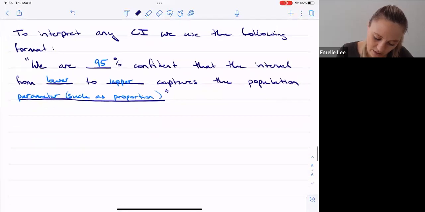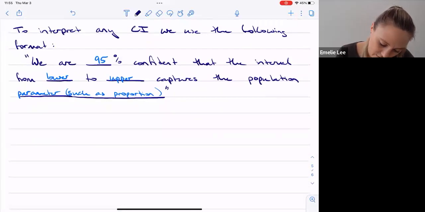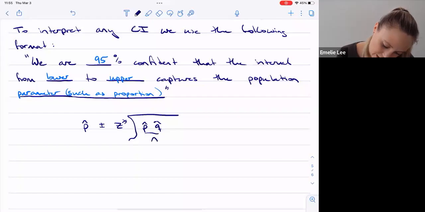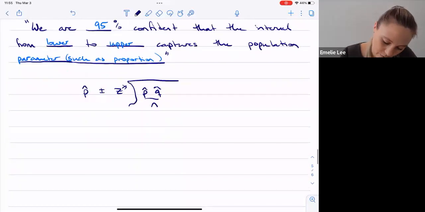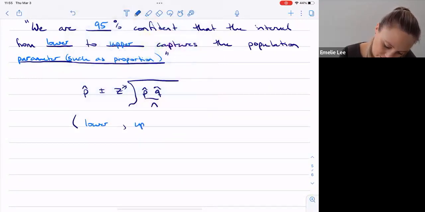Okay, so when we calculate the confidence interval, p hat plus minus z star times the root of p hat q hat over n, we calculate that and we find that this interval is between some lower bound and some upper bound.